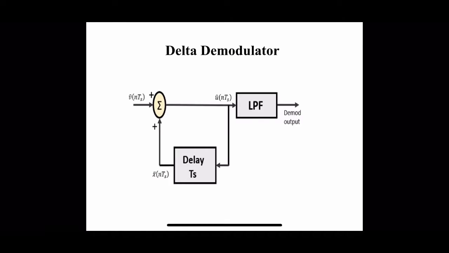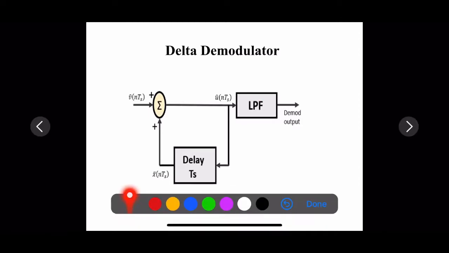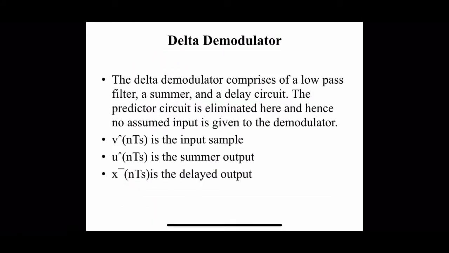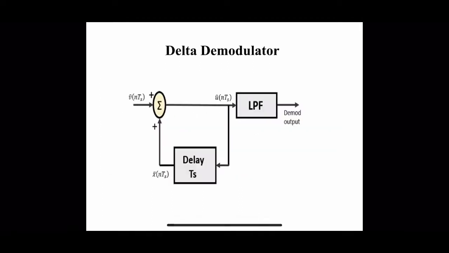Next we are going to see the delta demodulation. Delta demodulation also contains the low pass filter, delay Ts and v̂(nTs), and here also we are using the comparator. The demodulator comprises, as we have already seen in the diagram, a low pass filter, a summer and a delay circuit.